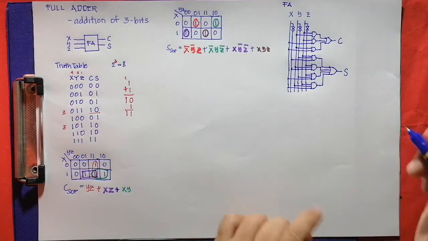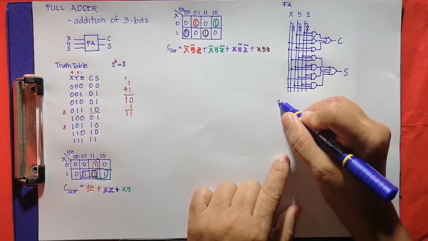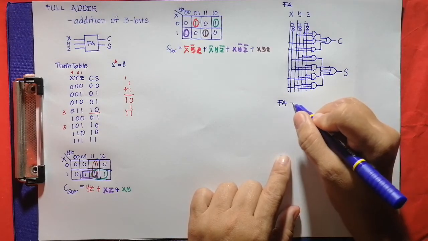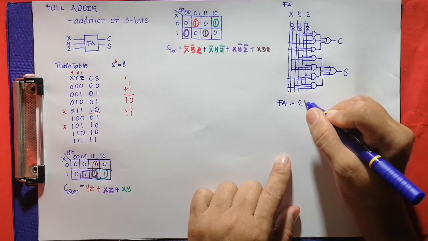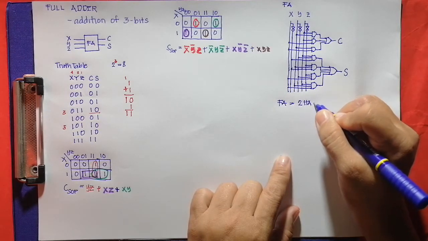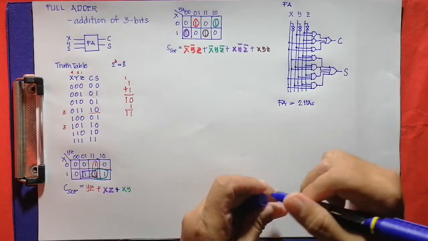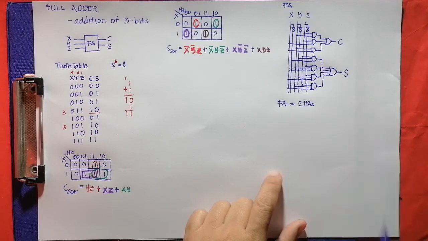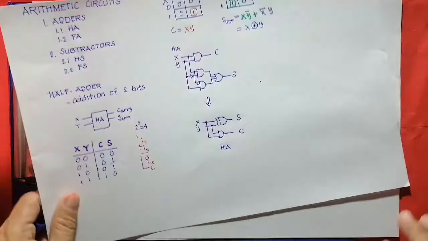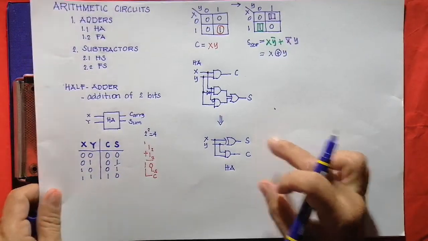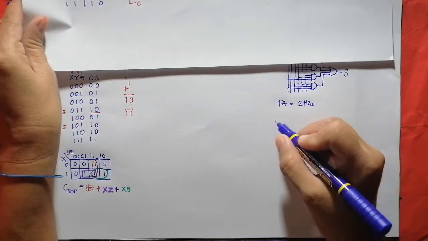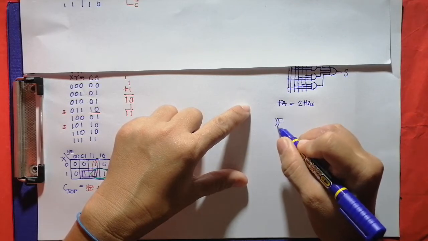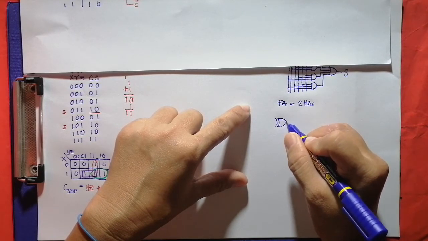Okay. Now what if we're going to connect the full adder using two half adders? Okay. So how are we going to do that? So take note, in a half adder, okay, so we have here the half adder. So we're going to design it using two half adders.